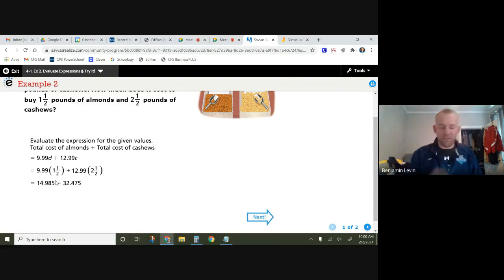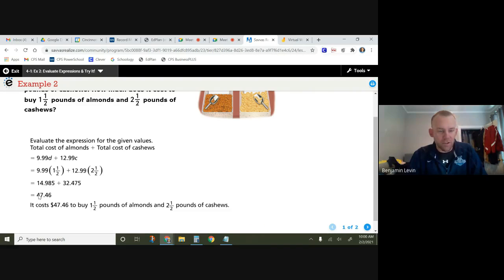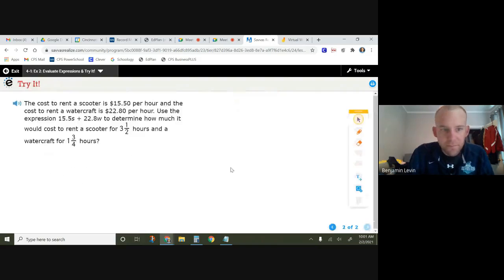If you were at a store, the cash register would have rounded these off. So they're going to get an answer that's 1 cent off from us because they did not round. But if we were at the grocery store, it would round this up to $14.99 and up to $32.48, right? So they got $47.46 because they didn't round up. We got $47.47, which is close enough, right? We rounded because that's what the cash register would do. But they got what we got, so things are good. This to me seems good.